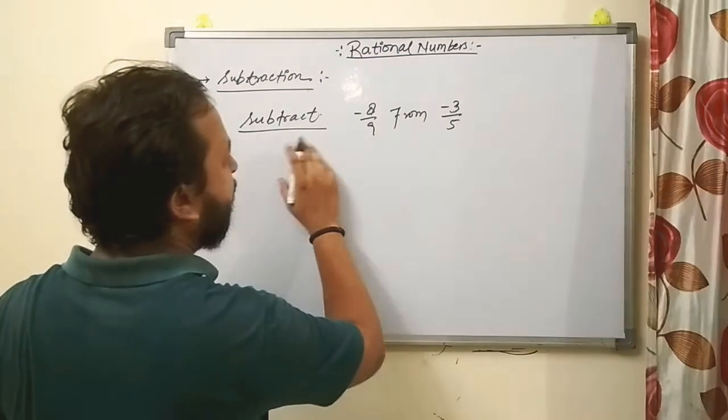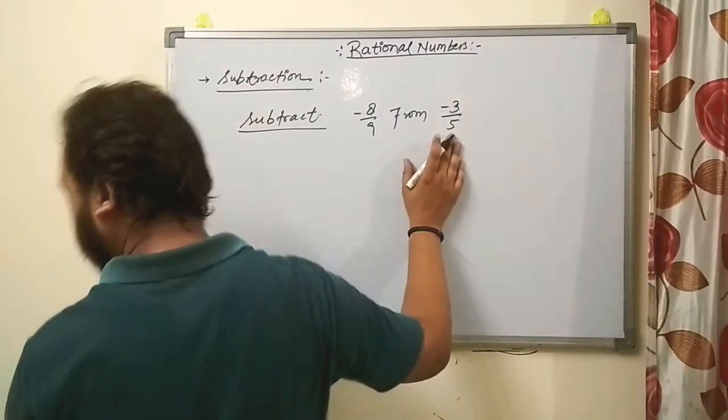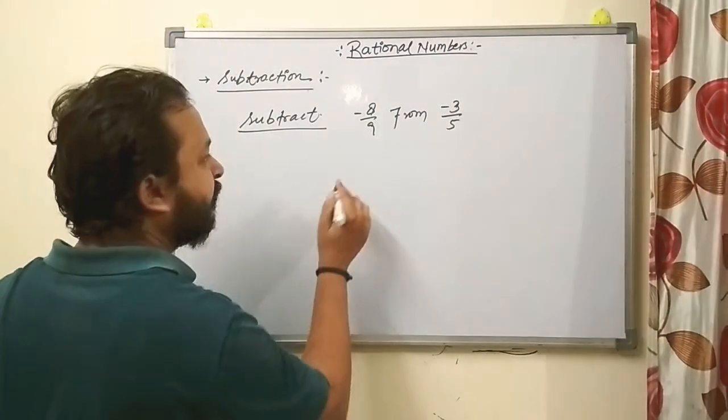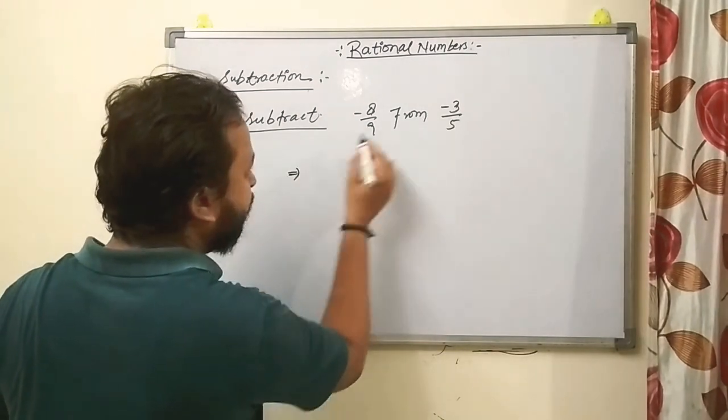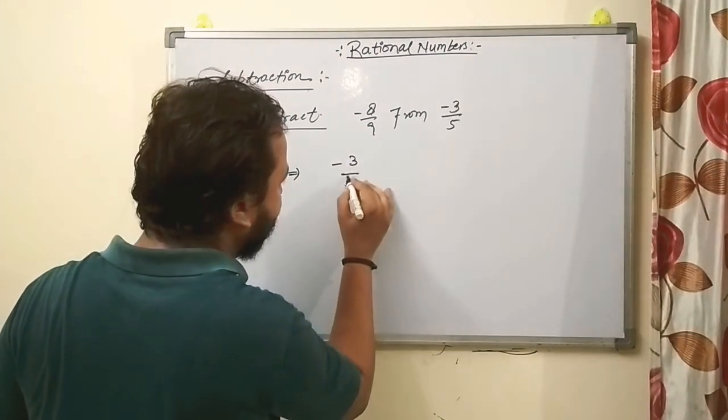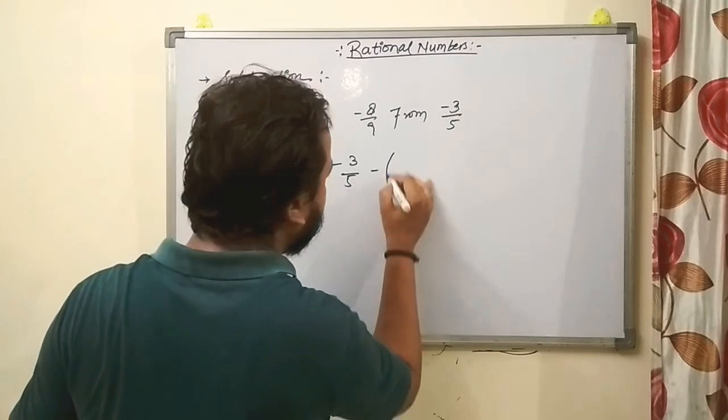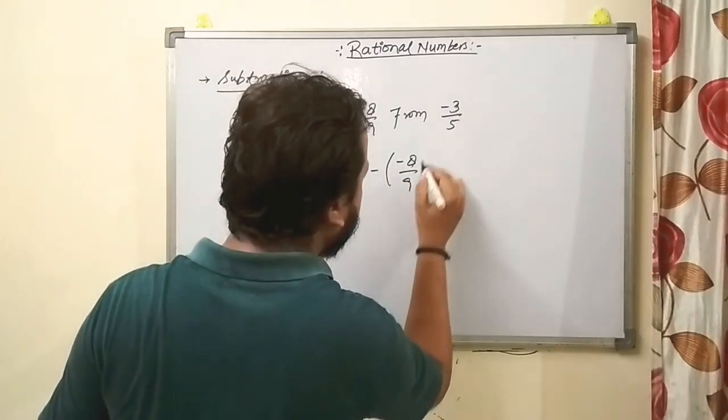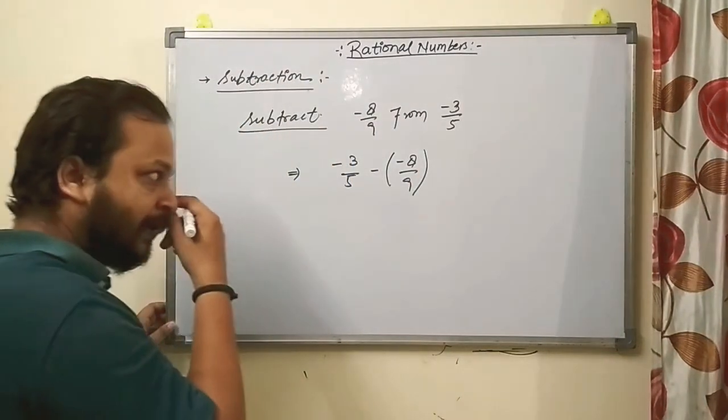So subtract minus 8 by 9 from minus 3 by 5, right? Then you have to write it as minus 3 by 5 minus minus 8 by 9, right?